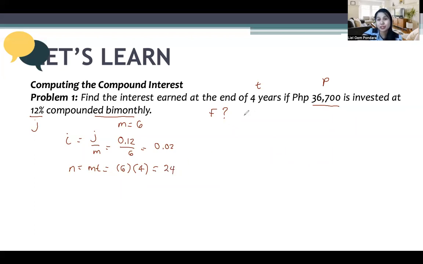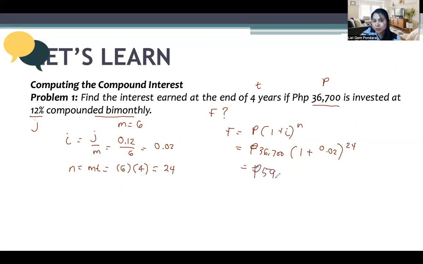Let's compute for the future value: principal times 1 plus I to the power of N. 36,700 times 1 plus I, our I is 0.02, to the power of 24. Okay, that's good. So our future value is 59,029.65.